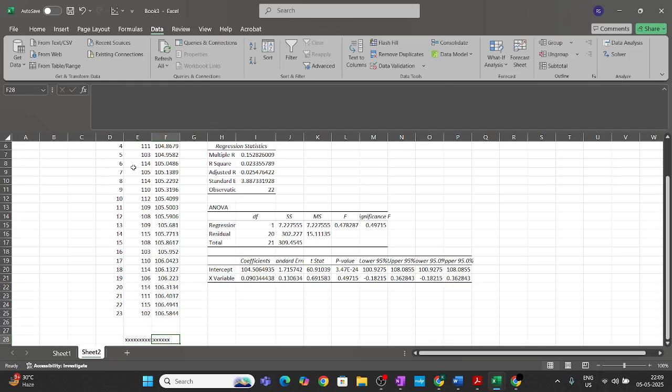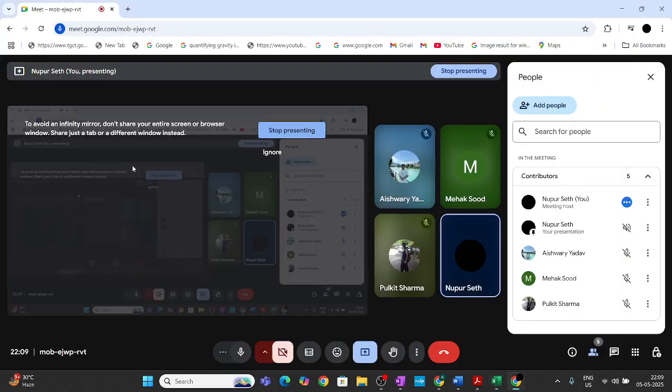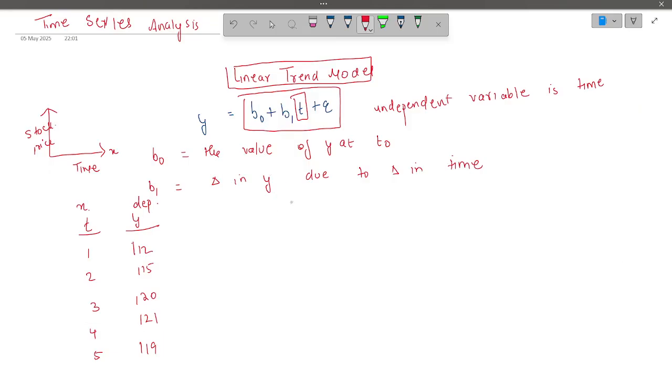Y equals 104.50 plus 0.09 t, right? So as per this model, stock price at day 24 should be 104.50 plus 0.09 into 24, whatever the value you pick, right?